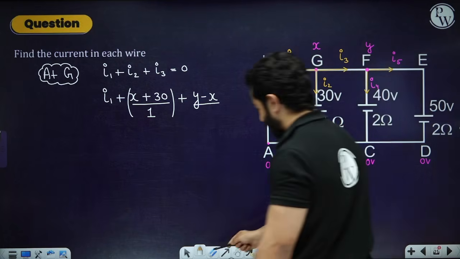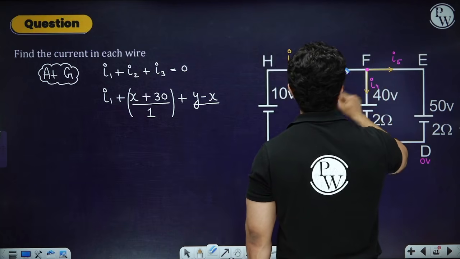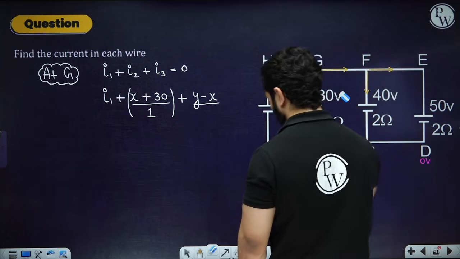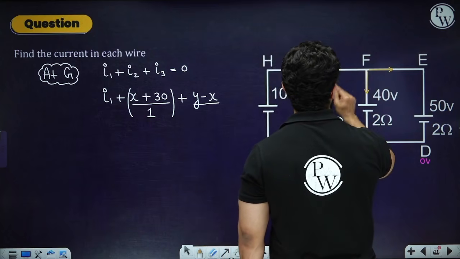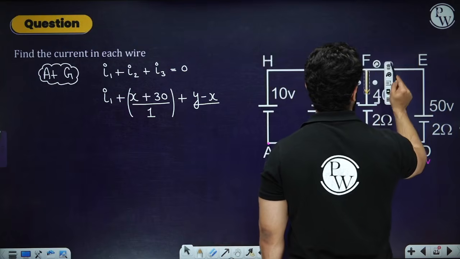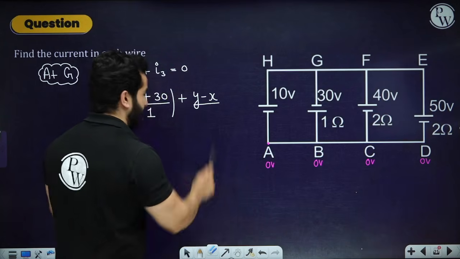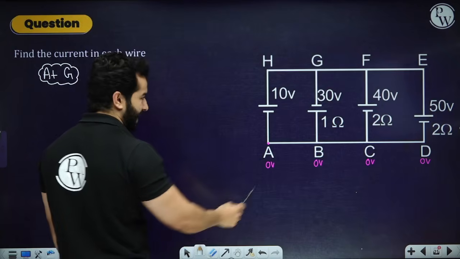Let's not write it as X. Let's use another method. Till now we have done two things. We have rightly assumed that these points have potential 0 volt, right? Also, this has no resistance.